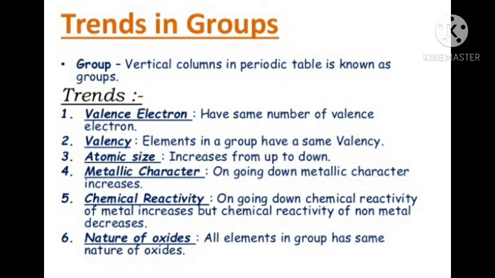Metallic character: on going down, metallic character increases. Chemical reactivity: on going down, chemical reactivity of metals increases, but chemical reactivity of non-metals decreases. Nature of oxides: all elements in a group have the same nature of oxides.